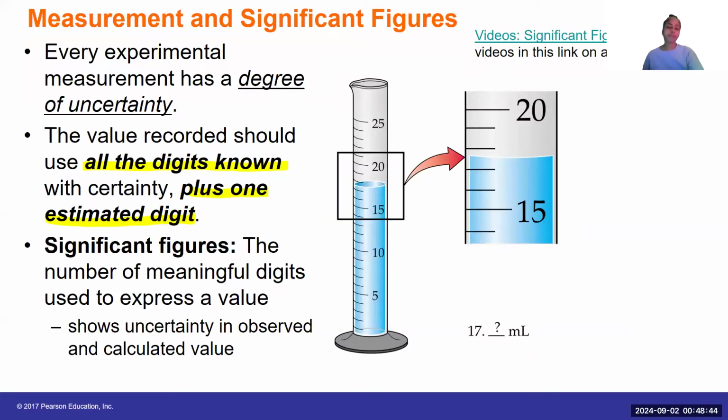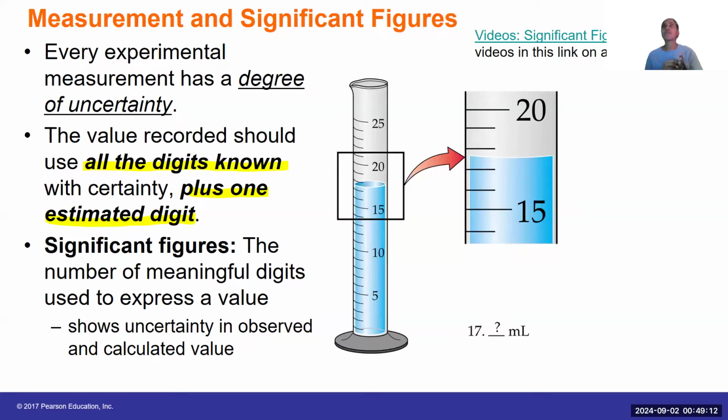Now, why does this matter? This matters because depending on how precise of an instrument you are using, when you, let's say, have to do a calculation using more than one physical measurement, your calculation cannot be more precise than the tools that you were using to get the measurement.